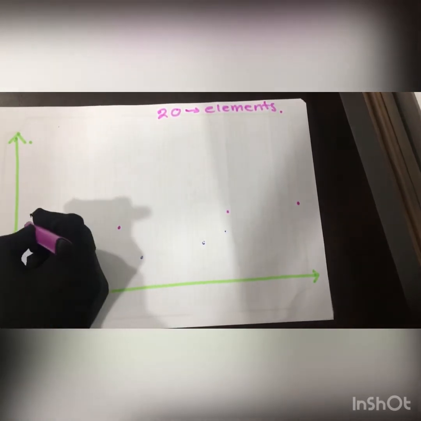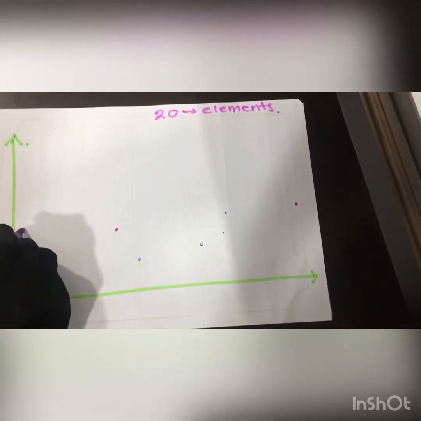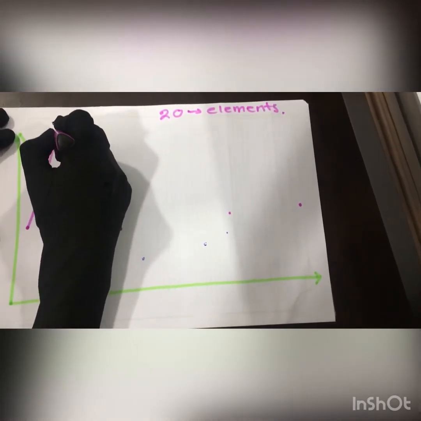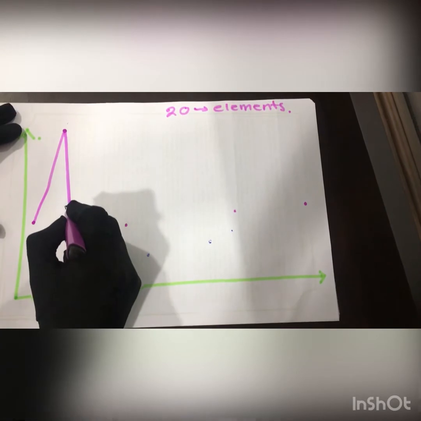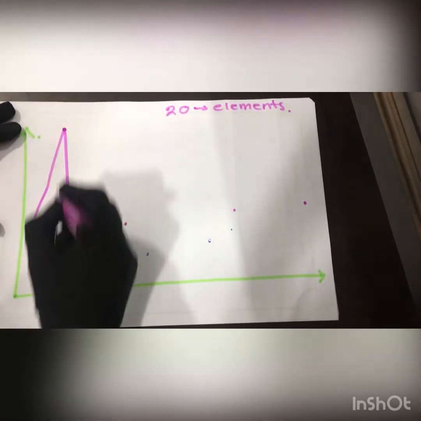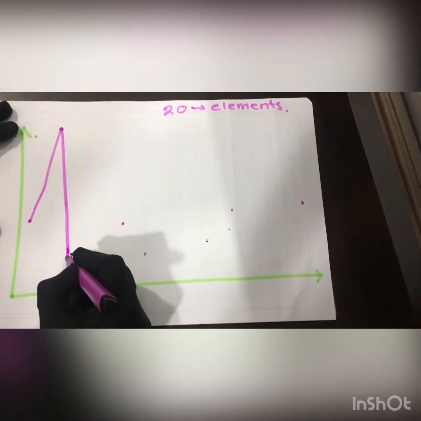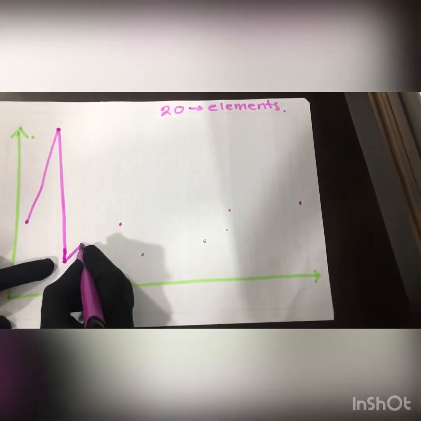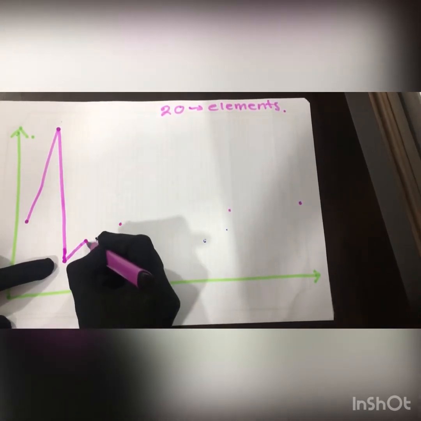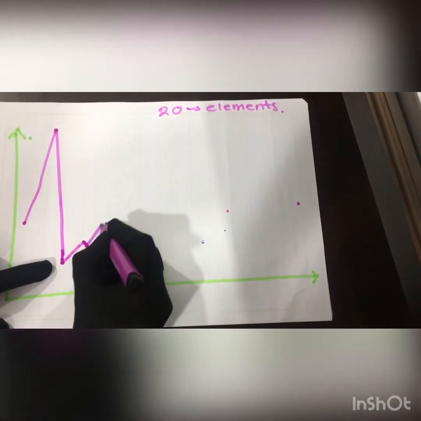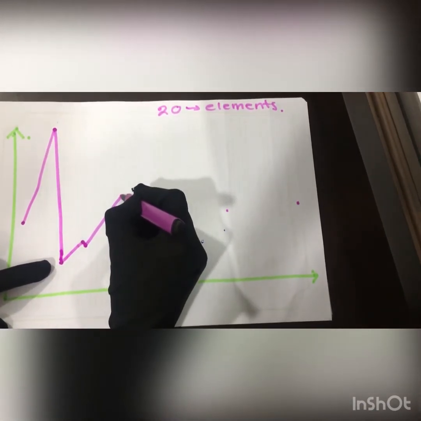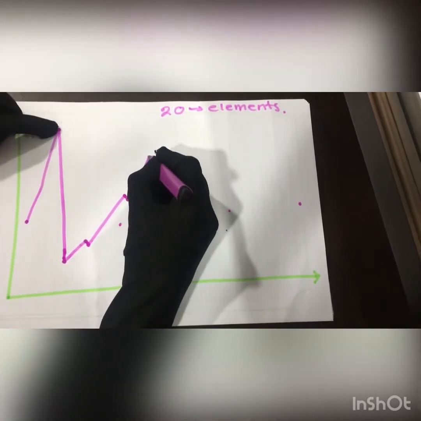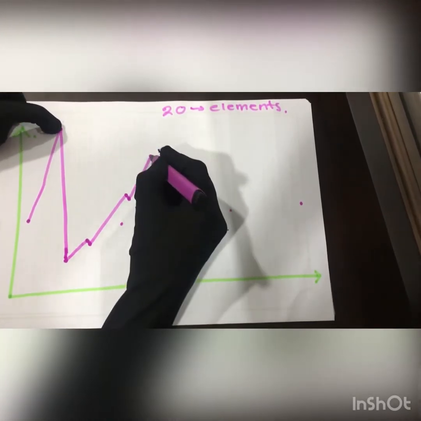This is the starting point, and then raise it, and then a little down. It's like a hill, the first top hill, and then a little down, and then a small rise and a drop, and then a little bigger rise and a drop, and then the second hill. The second hill should be below the first hill.